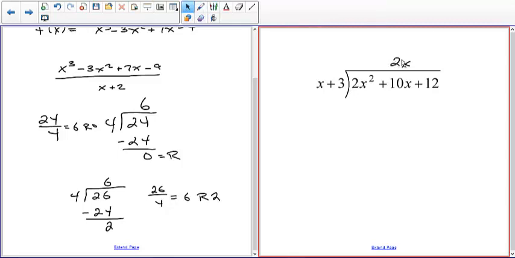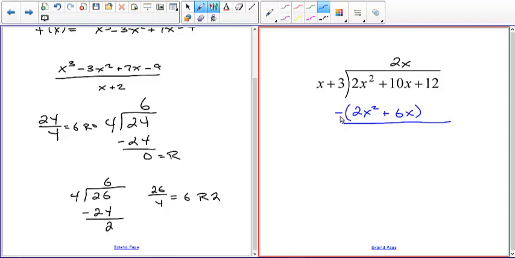Is that right? 2x times x is 2x squared. So you carry out the multiplication, but you do both parts of this. So 2x times x is 2x squared. 2x times 3 is 6x, so I say plus 6x. And just like with long arithmetic division, I subtract.